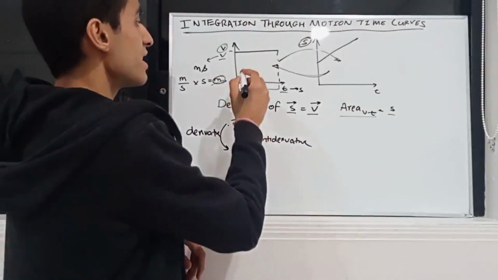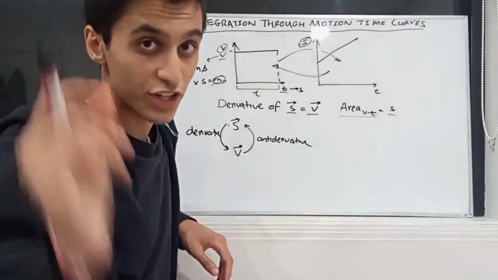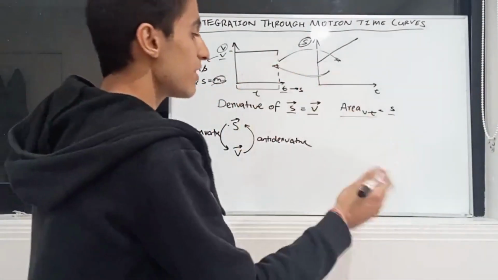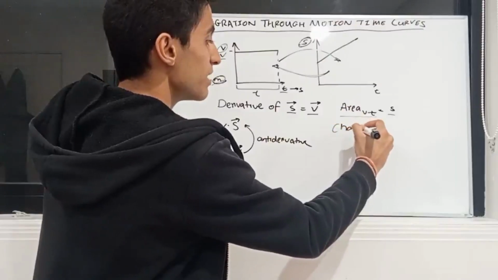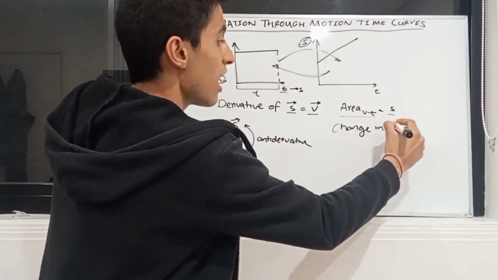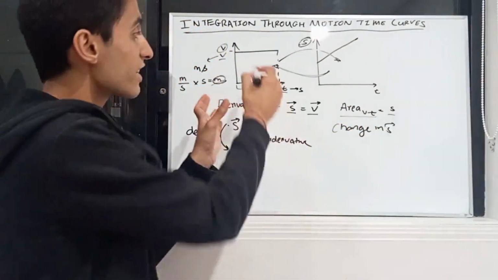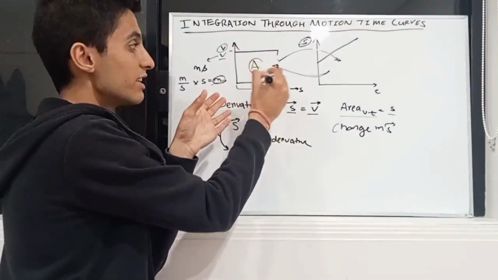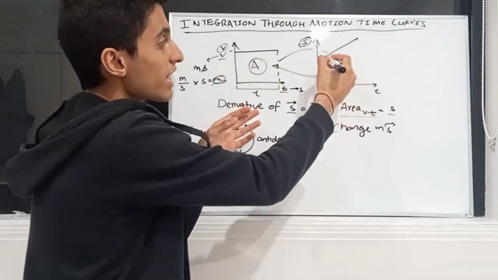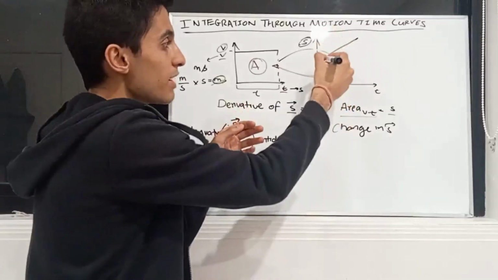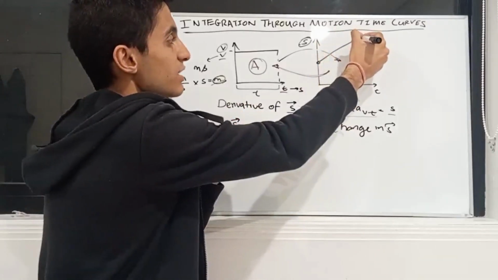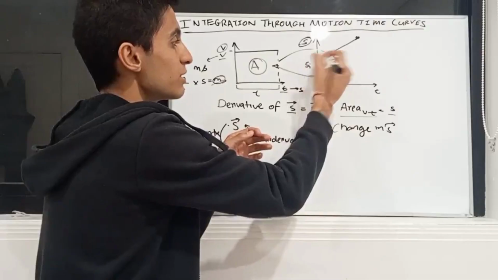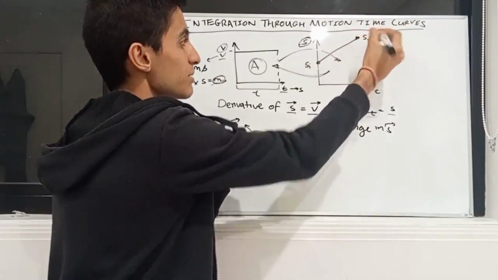Now what this means is that if I want to find out the change in displacement, I can either calculate the area underneath the curve, or I can just look at the points over here. I can take this point and this point, and this will be my initial displacement and this will be my final displacement.